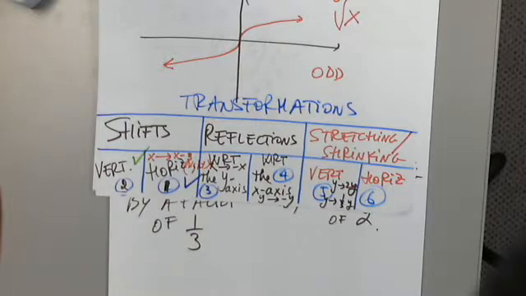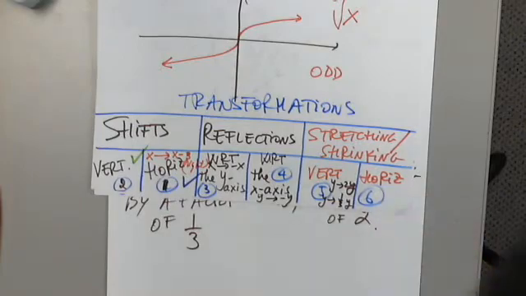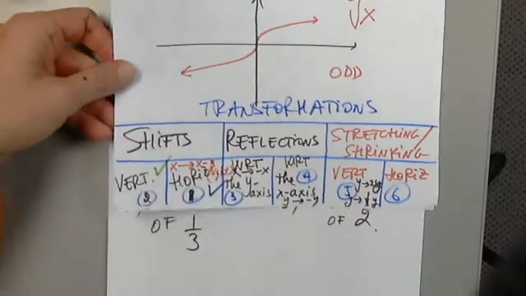What does 2y mean? Vertical stretching by a factor of. And what does 1/2 or 1/3 mean? Horizontal shrinking of the graph by that factor. And this, we'll discuss after the test, a week from Thursday.